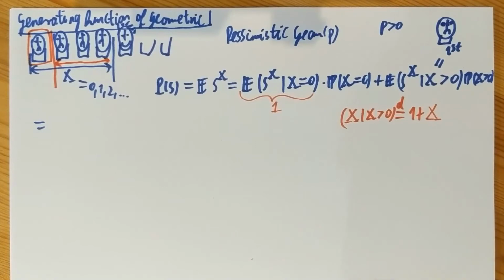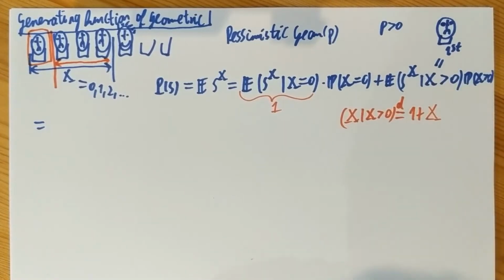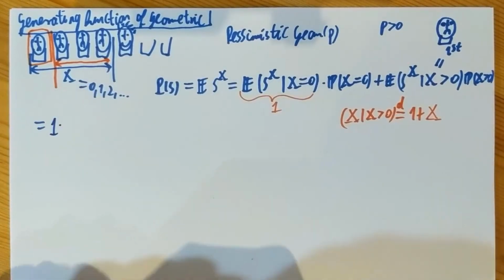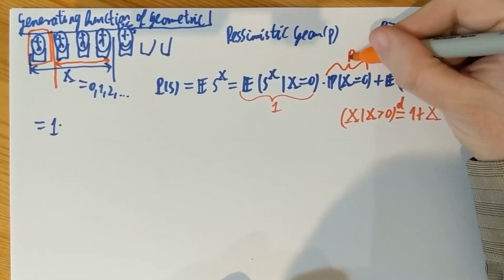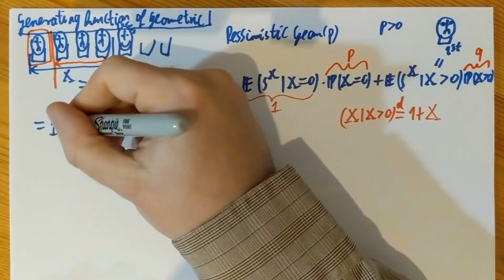So that's what I'm going to use here, because then I can continue with 1 times the probability that X equals 0, which is of course an immediate success, that's P. The probability X is non-zero is an immediate failure, which is Q, where Q is 1 minus P. So I'm going to say 1 times P here.